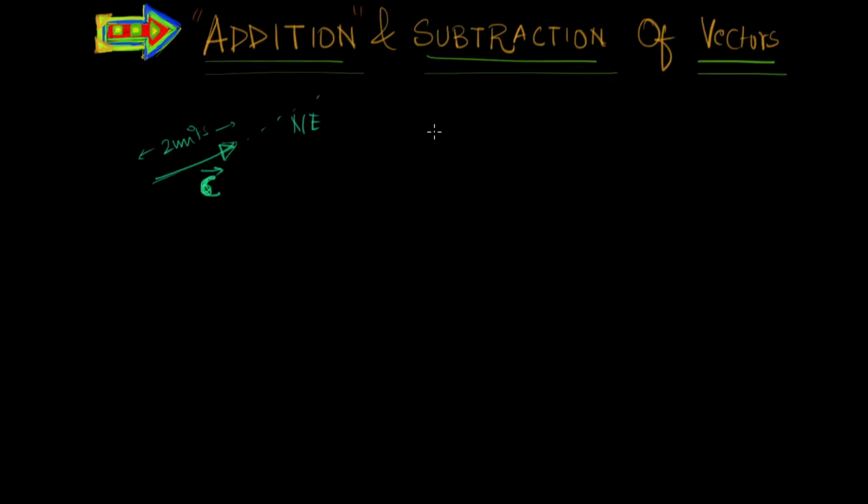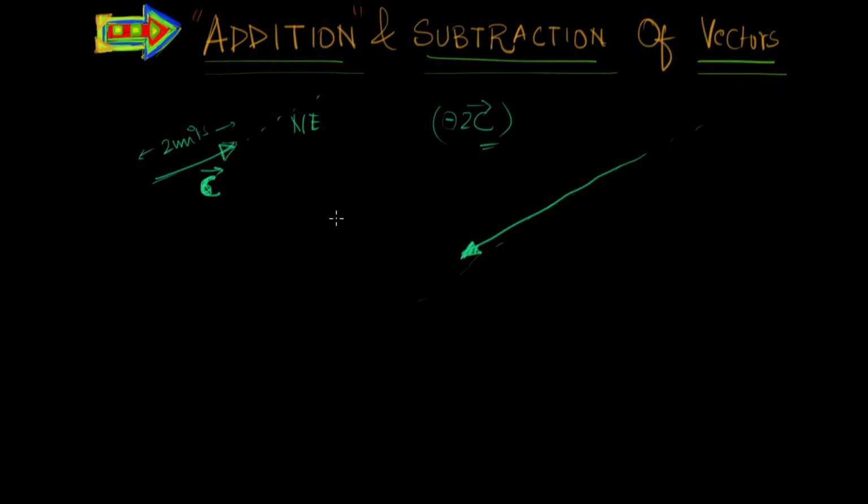Now I want to ask myself, well, what would be minus 2 times C? In order to answer that, we look at another vector in the same direction, because we are only multiplying the vector by a constant. That does not change the direction, no matter what you do. So the vector will still be pointing along this line.